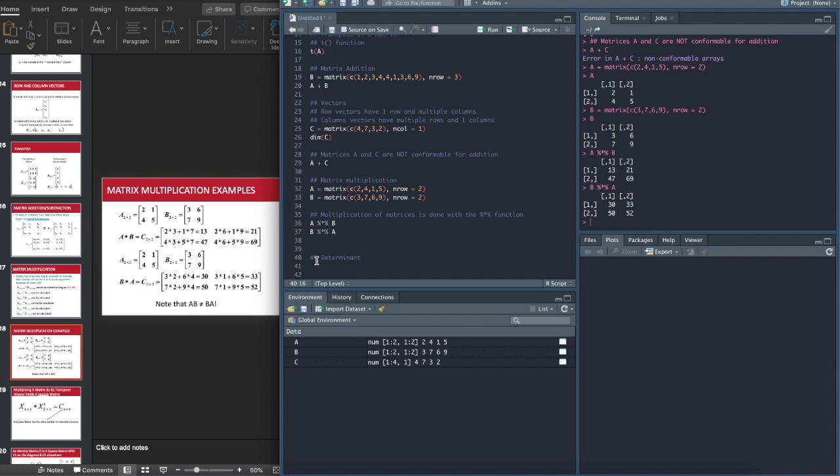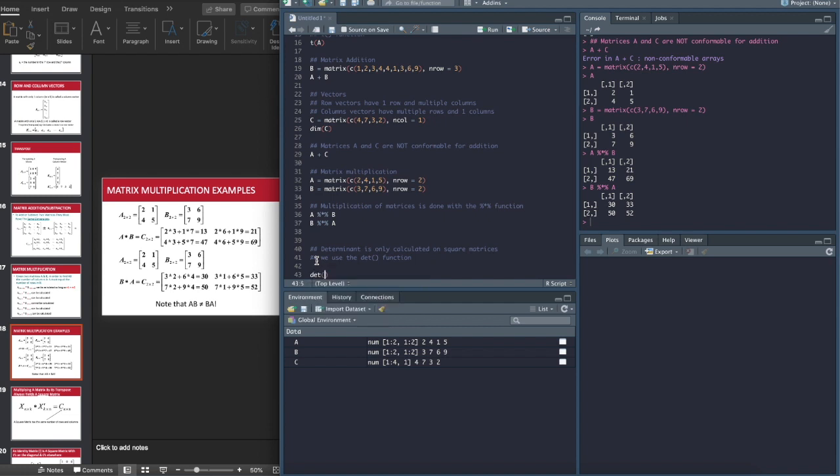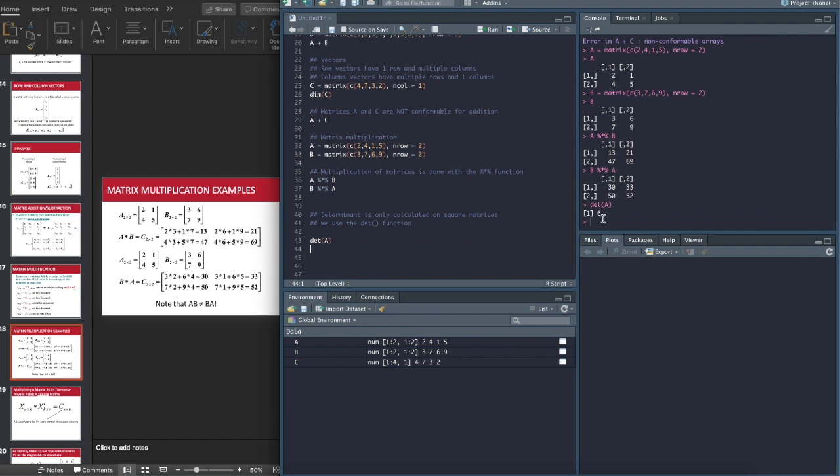But one thing that you have to note is that the determinant is only calculated on square matrices. We use the det function. Let me show you an example. Det of matrix A is the determinant of matrix A, and that would be 6.